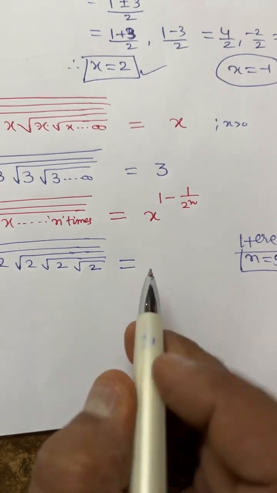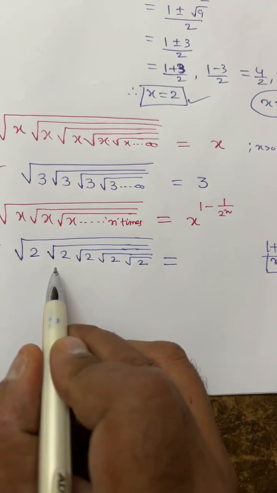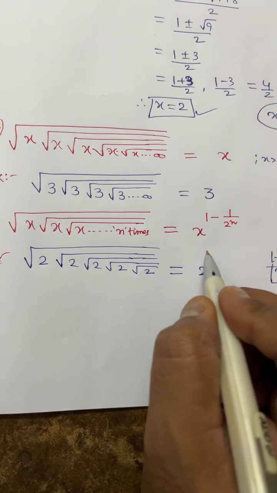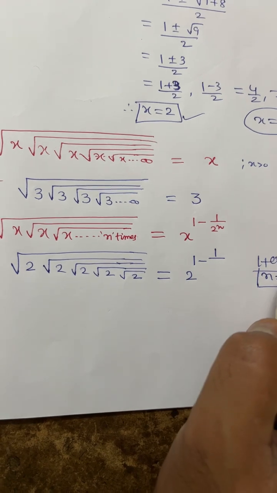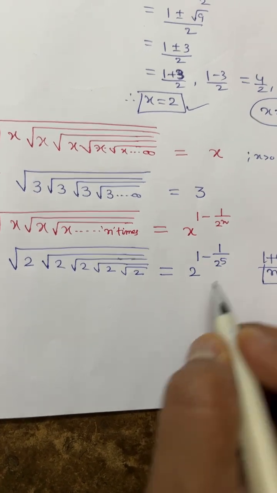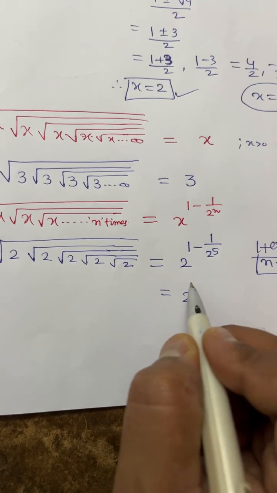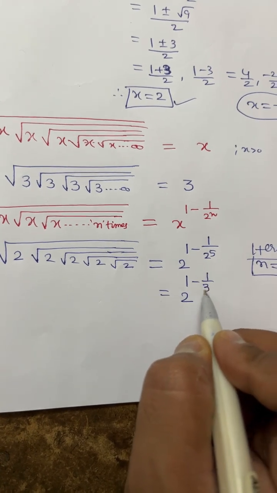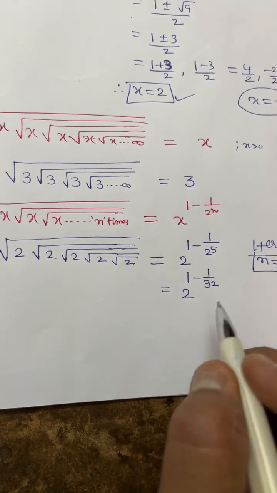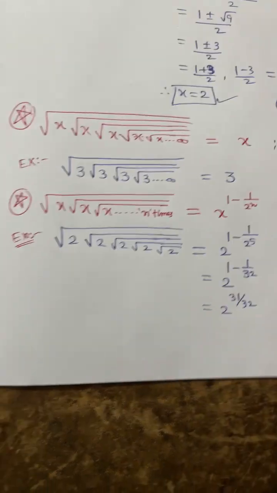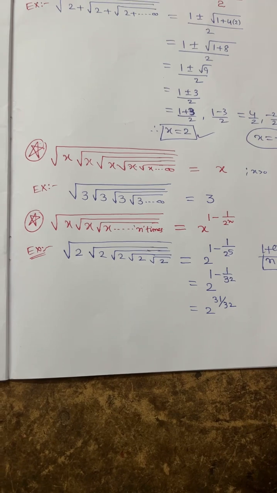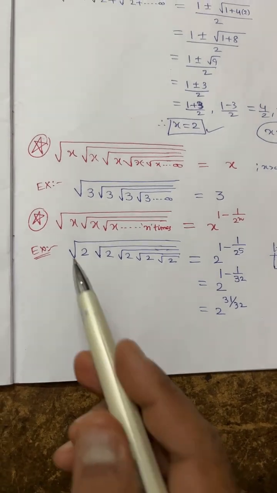In place of x, 2 is there. So 2 power 1 minus 1 by, in place of n substitute 5, 2 power 5. So that is equal to 2 power 1 minus 1 by 32. So 32 minus 1 is 31. So 2 power 31 divided by 32 is the answer for the question, if it is like this.